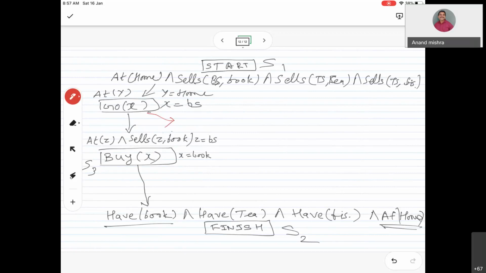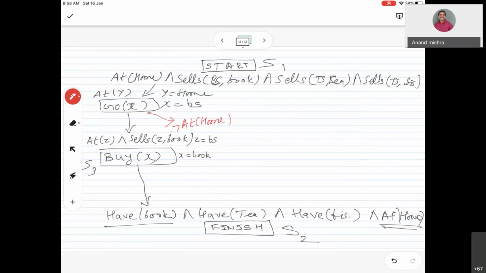So when you say go to X or go to bookstore, you are no more at home, but you are at bookstore. So from there, you cannot really go to tea store, right? If you directly jump from there to tea store, that will not work.